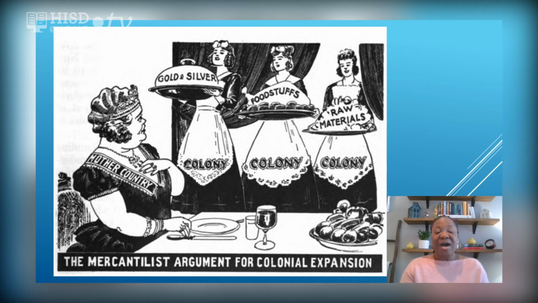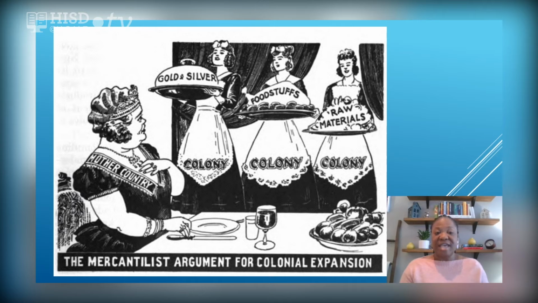All right, so there seem to be 4 people in this picture. I see 3 women, and they all have the word colony written on their clothing. And then there looks like there is a woman sitting at the table.